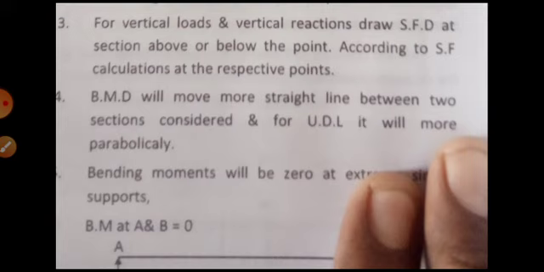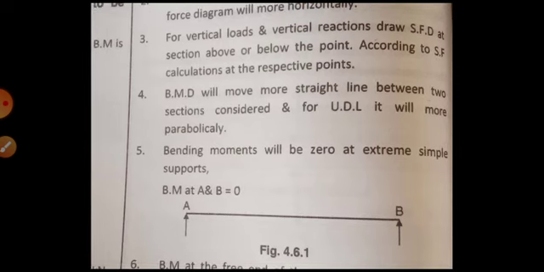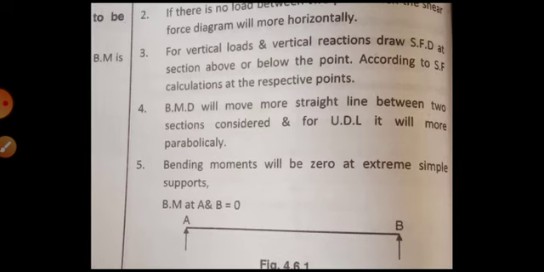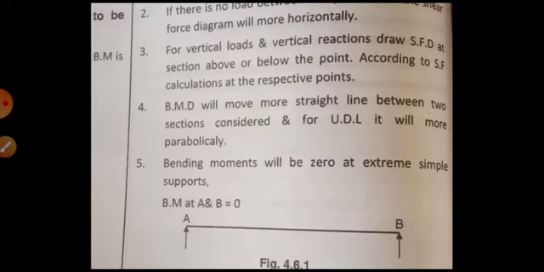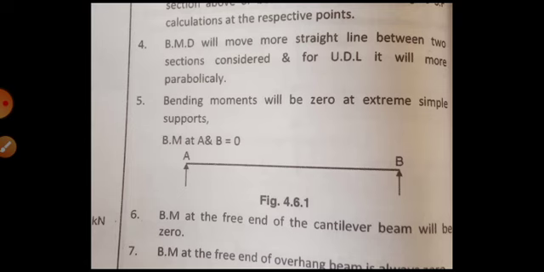For a point load, draw a straight line. BMD will be a straight line between the sections considered, and parabolic if it is UDL.